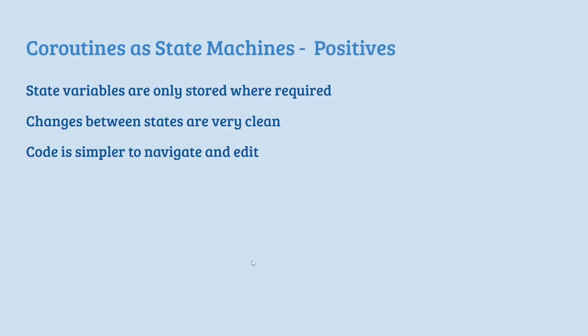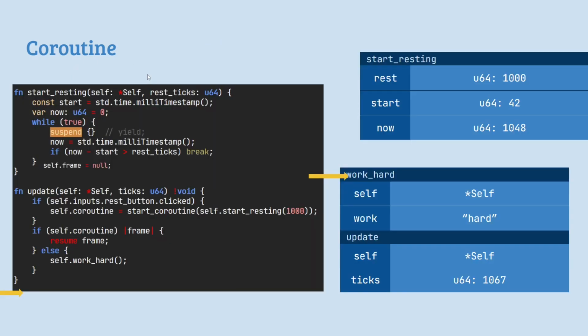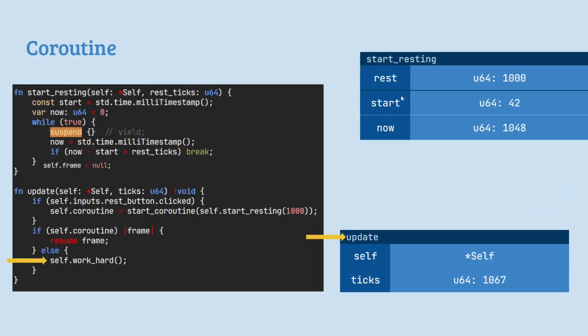So what are some of the positives of using coroutines as state machines, right? The first thing is that state variables are only stored where required. For example, over here, this last click text is stored within this function, so it's stored within this memory. Like the way that start is only stored here.